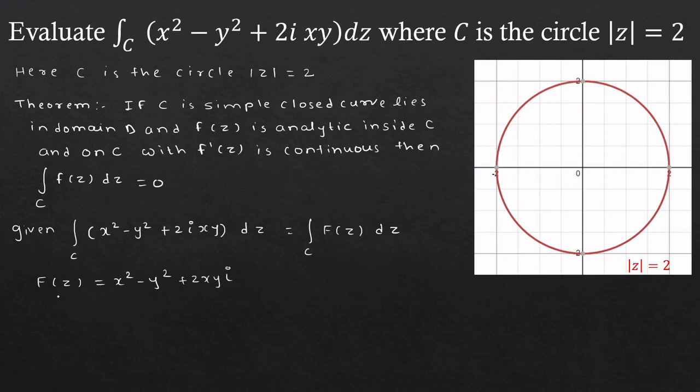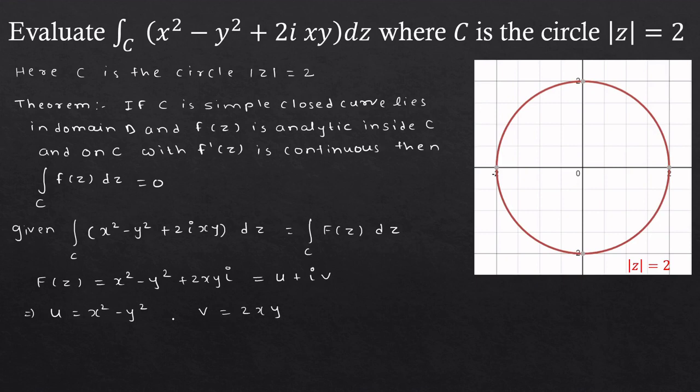Let us try to show that this function is analytic inside this C. Then we can conclude that the integration is 0. Here we can write it as u + iv, so u = x² − y² and v = 2xy.